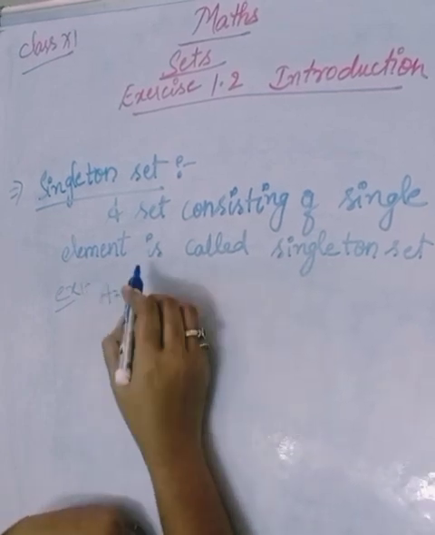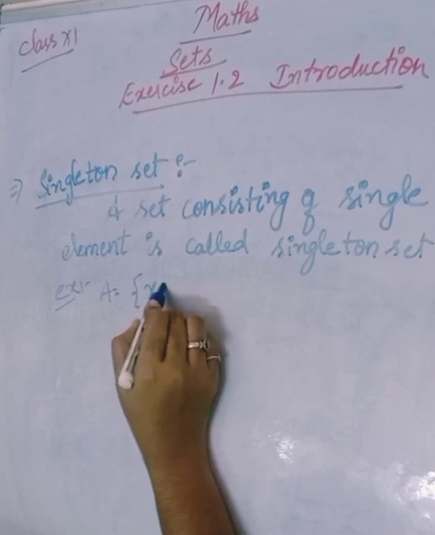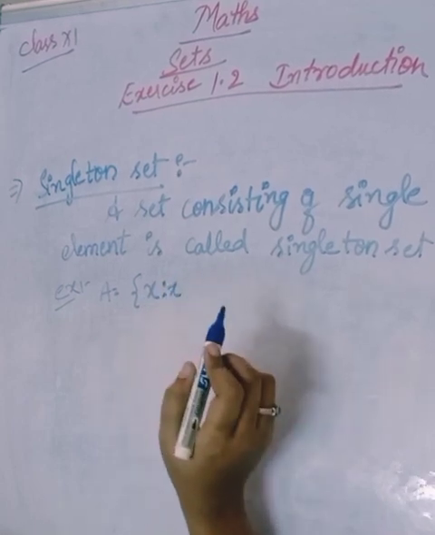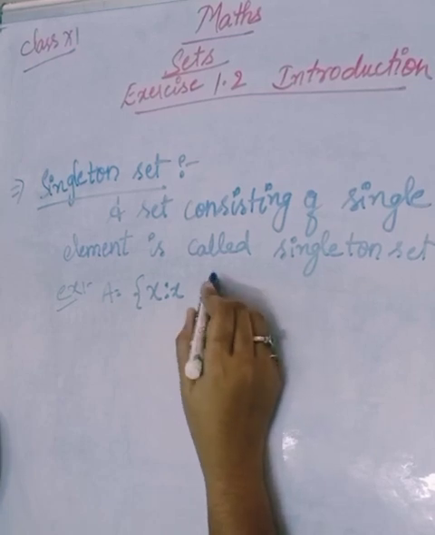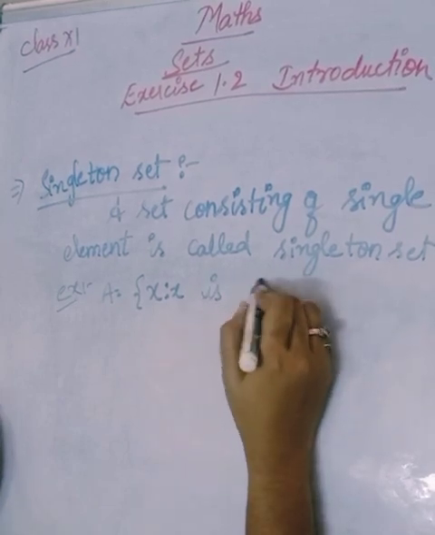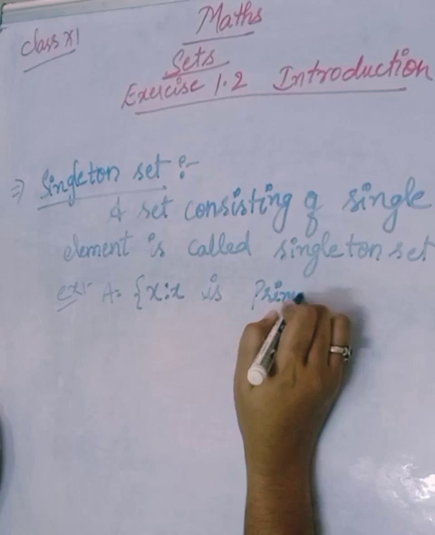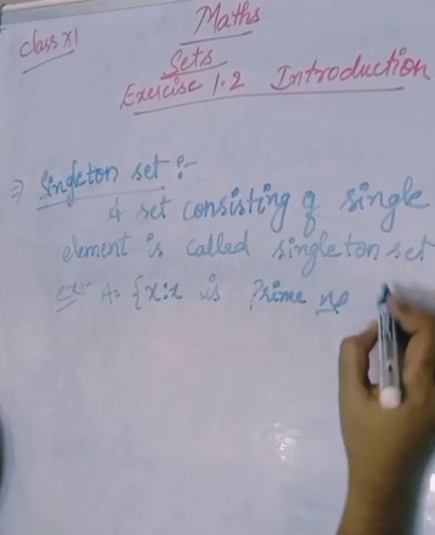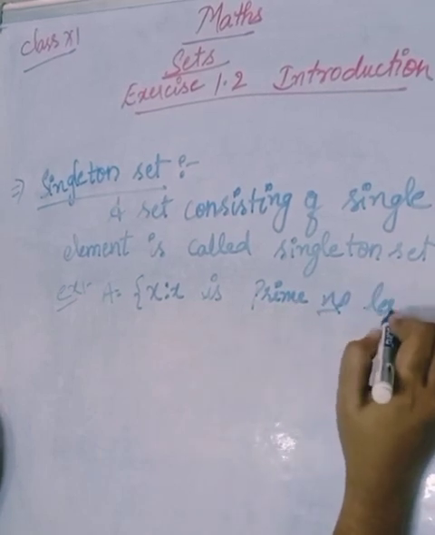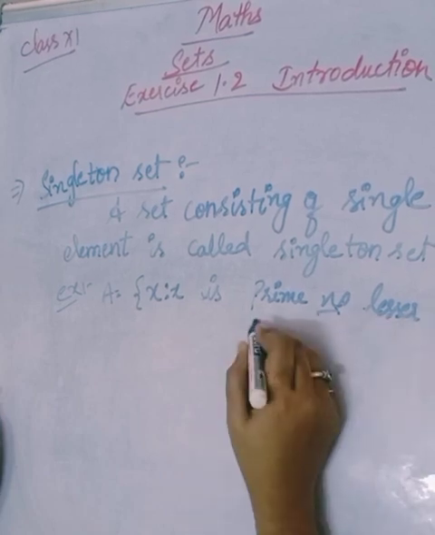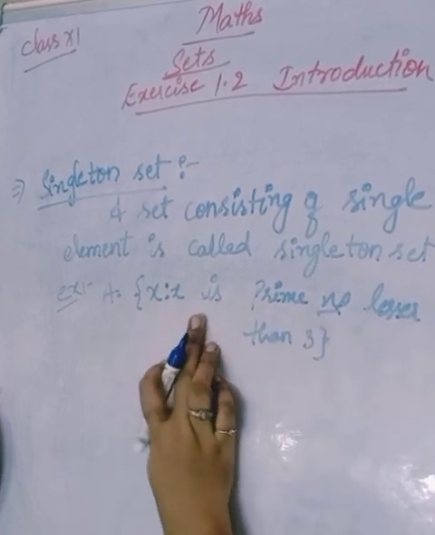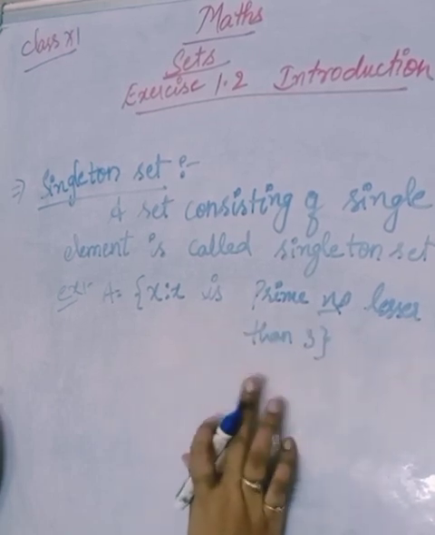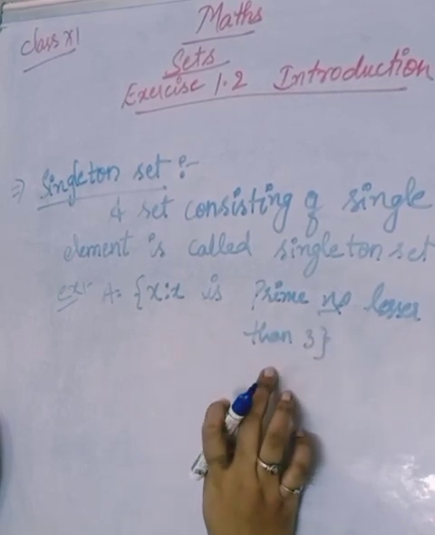Example you want, so we can write the example. A is equal to {x : x is a prime number less than 3}. That means less than 3 we need to get.